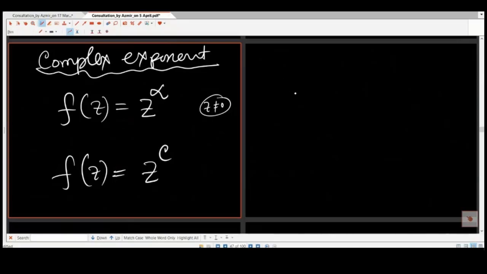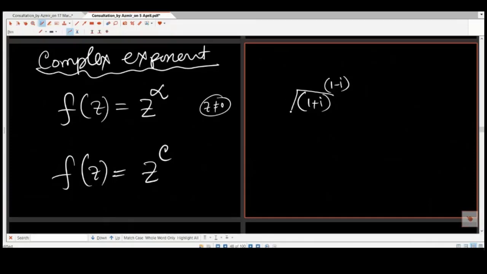We can think about, let's say, 1 plus i, this is z, and in the power form, we have 1 minus i. So this is a complex number, and this is another complex number. That's why this function is known as a complex exponent. The exponent or power that we have is also a complex number.